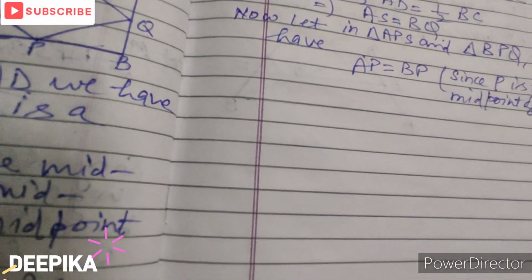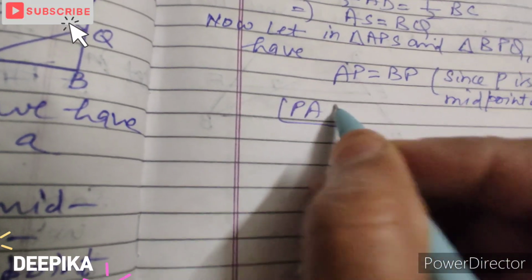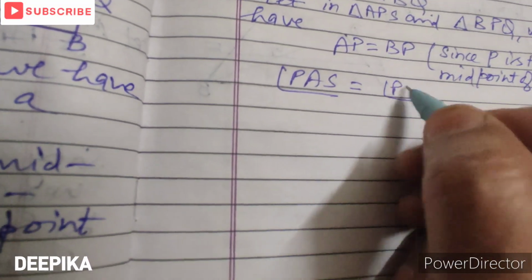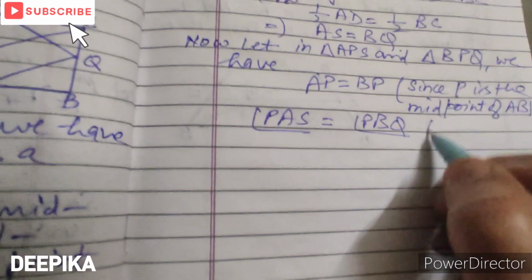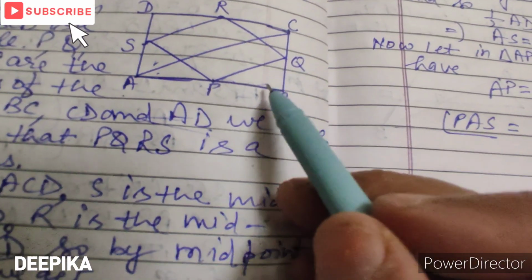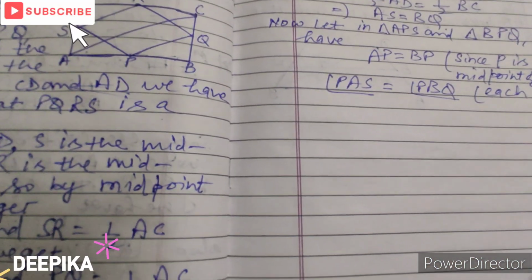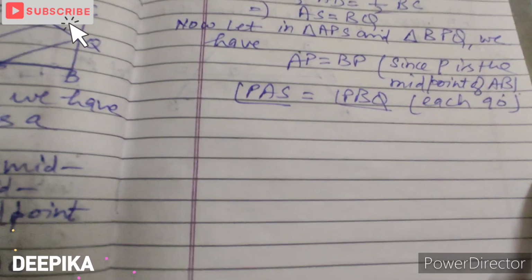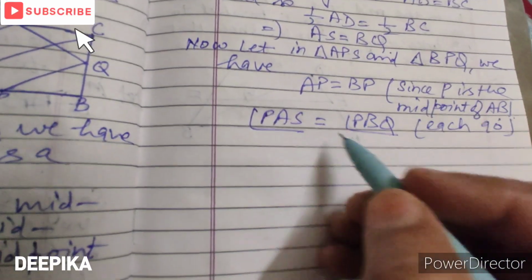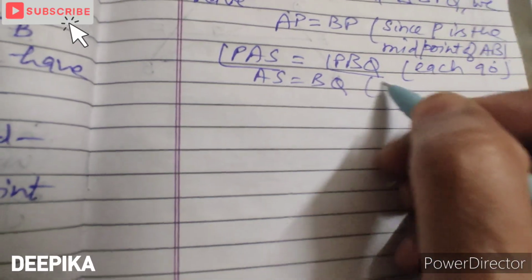Angle PAS is equal to angle PBQ, each 90, रेक्टेंगल है क्योंकि, तो ये एंगल और ये एंगल दोनों 90 के होंगे. और एक और चीज बराबर है AS इज इक्वल टू BQ, अभी हमने ऊपर प्रूव किया है, already proved.